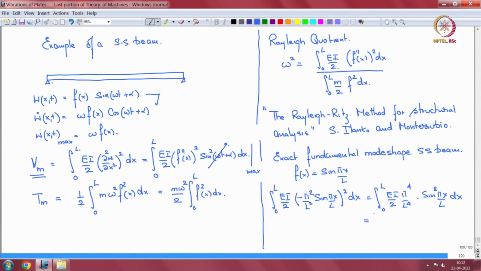You can replace sine square by 1 minus cos twice pi x by L, and that gives E I pi fourth by 4 L cube.